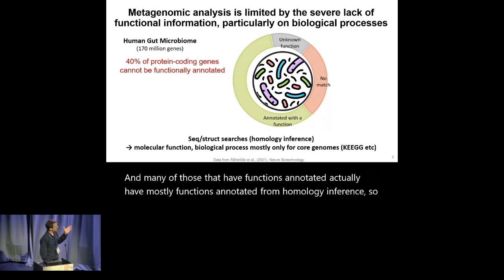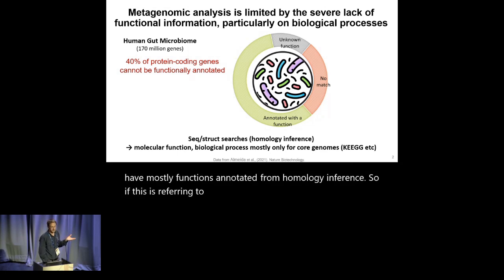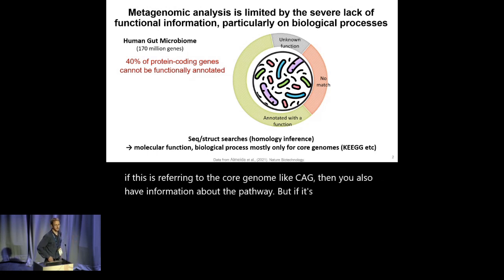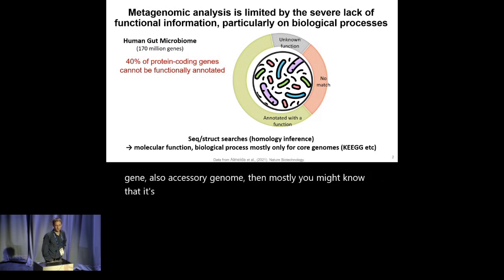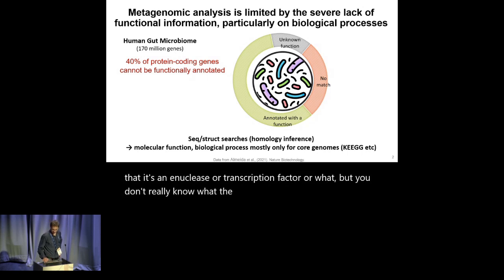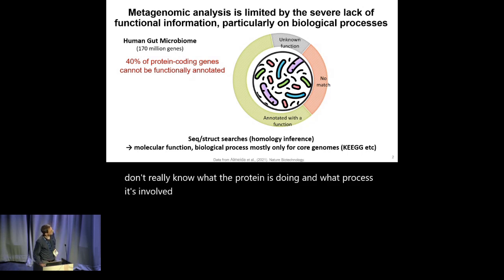If this refers to the core genome, like KEGG, then you also have information about the pathway. But if it's not in the core genome, so the accessory genome, then you might know that it's a nuclease or a transcription factor, but you don't really know what the protein is doing or in what process it's involved. So our idea was to help with this situation by finding functional associations using conservation of gene neighborhood.